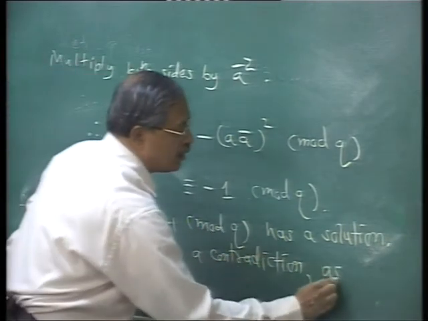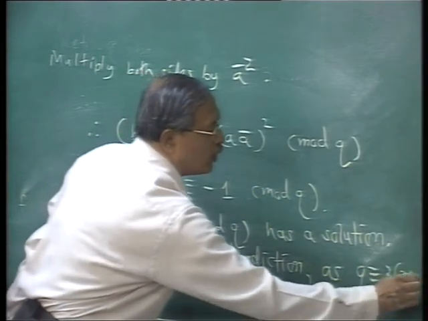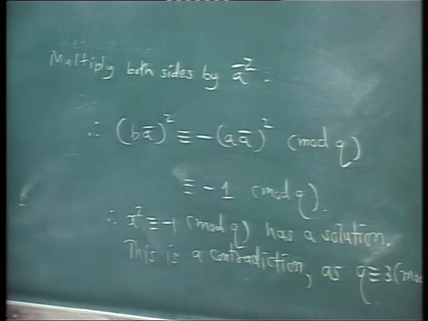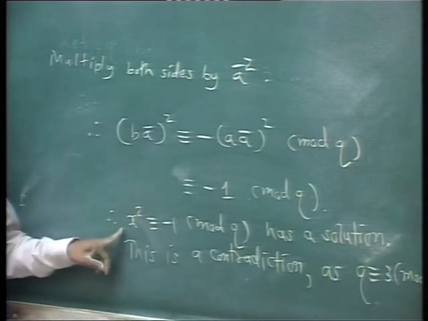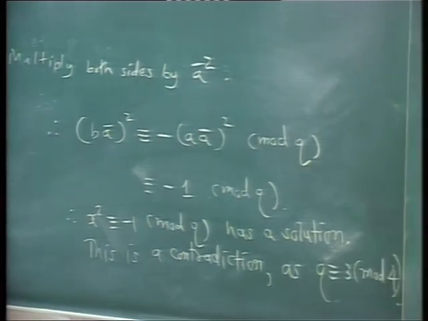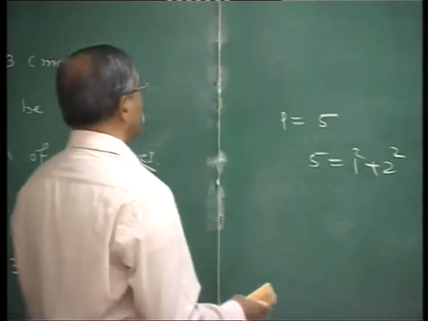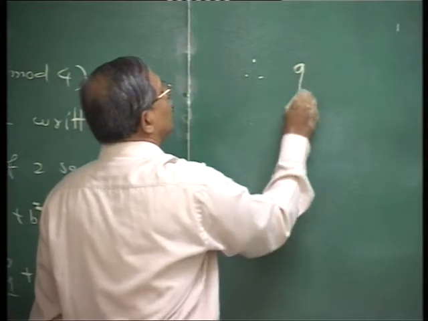For q congruent to 3 mod 4, this equation cannot have a solution. The contradiction tells us that the assumption that q does not divide a is wrong, and therefore q divides a.